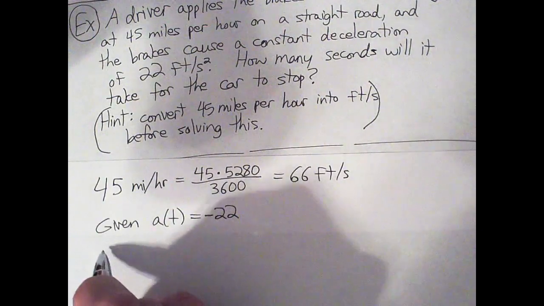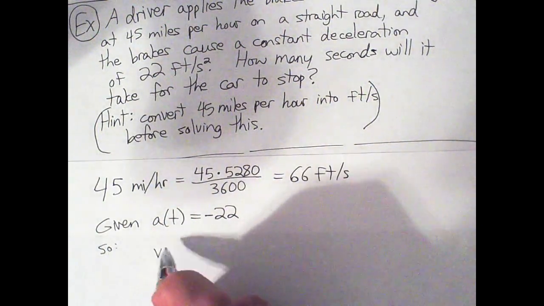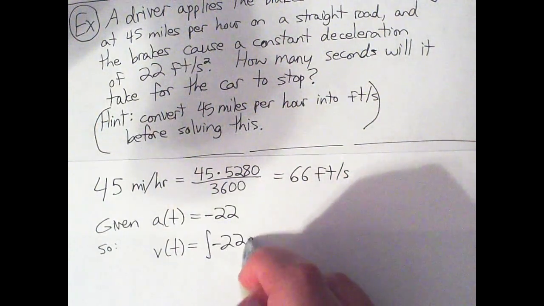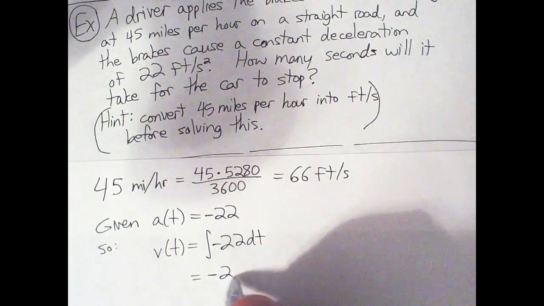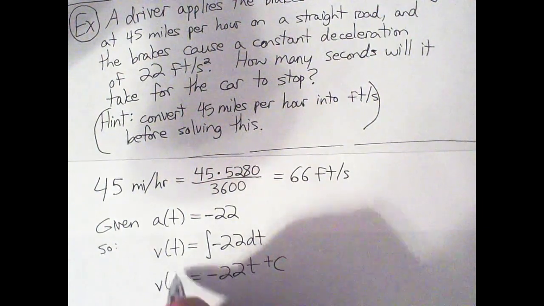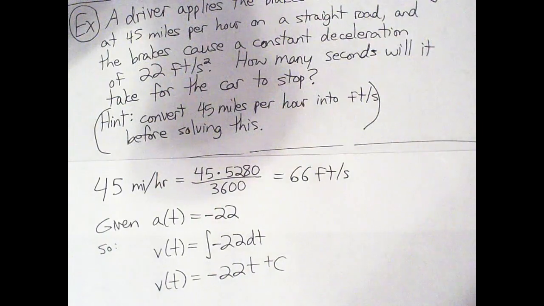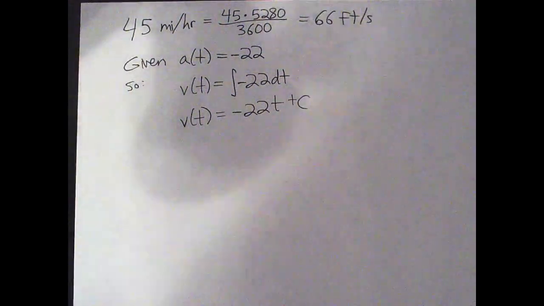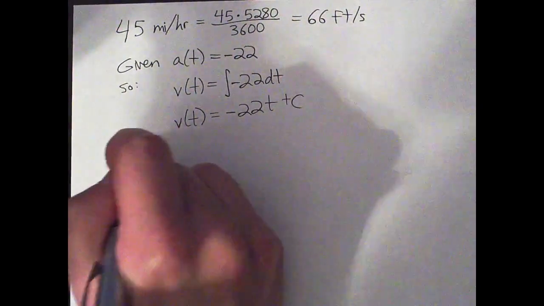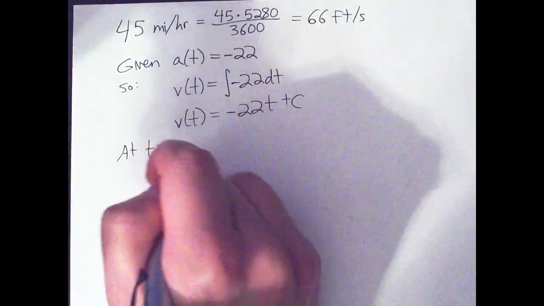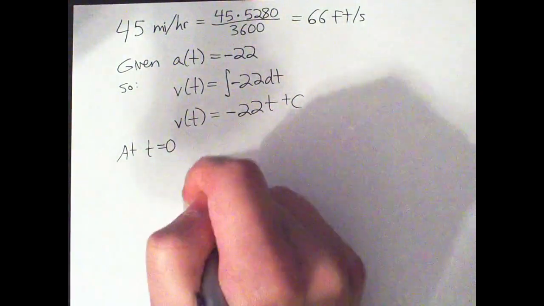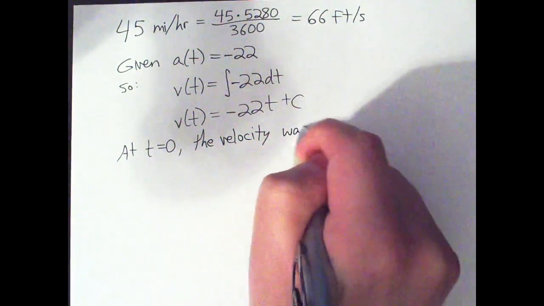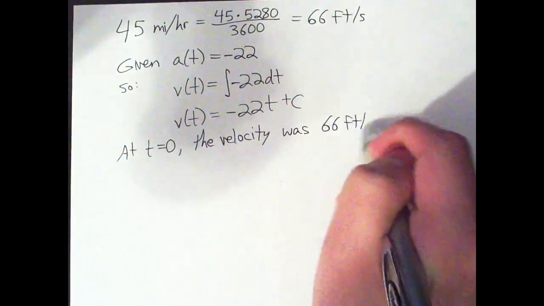So can we figure out the velocity function from this, v of t? Yeah, you do it like this: negative 22t plus c. And then I look to see, is there an initial value that I'm given so that I could find out what c is. Well, at t equals 0, the moment that the brakes are applied, the velocity was 66 feet per second.